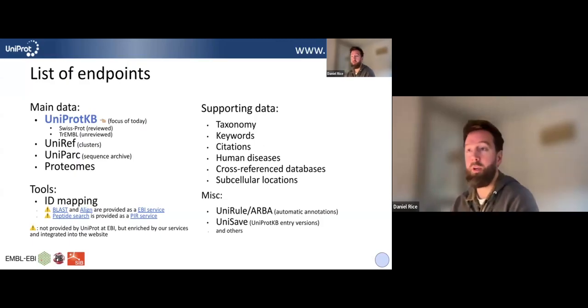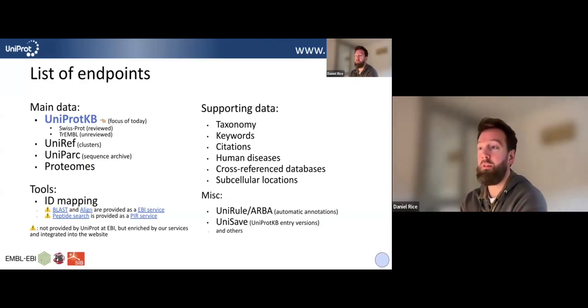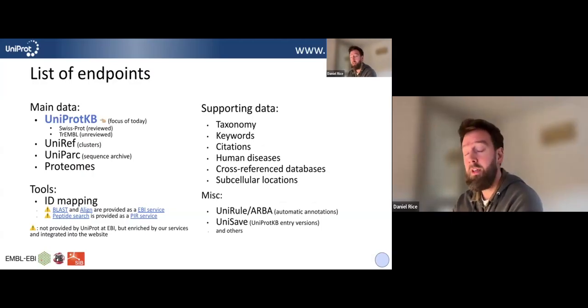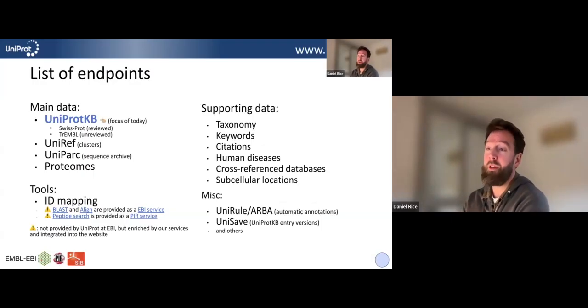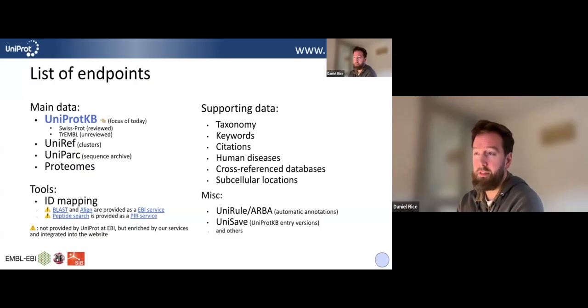So there are a lot of endpoints available within REST, and they mirror what's available within the website. The main database is UniProtKB, which is the knowledge base, and that's what we'll talk about today. This is the most popular database.